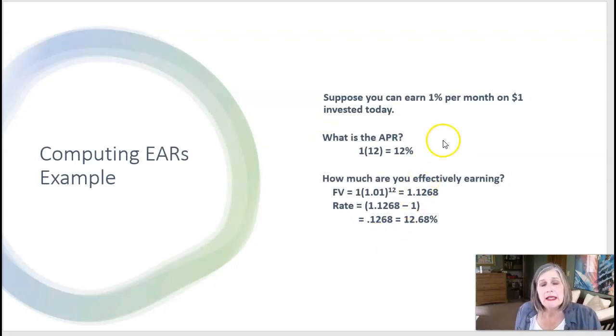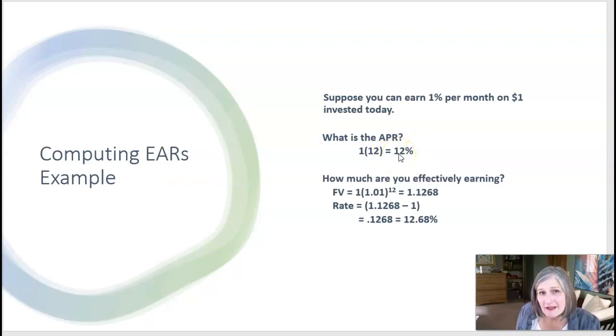All right. Here's where it gets tricky. If I earn 1% per month on $1 invested today, I'm going to earn 1 cent by the end of the month. The APR is going to be 12%, 1% per month, 12 periods in the year.